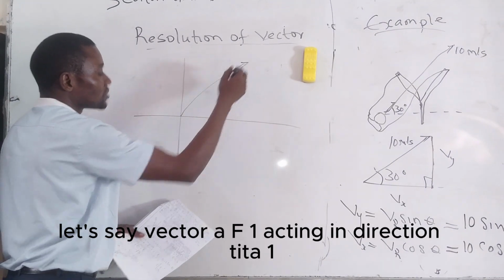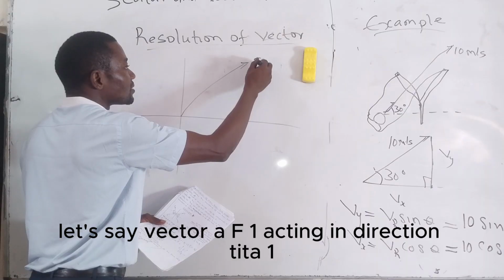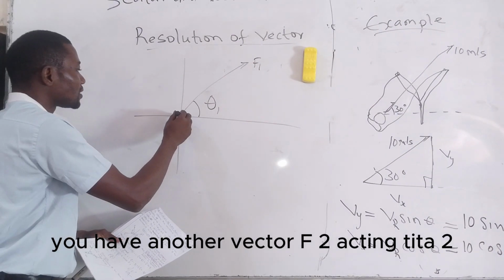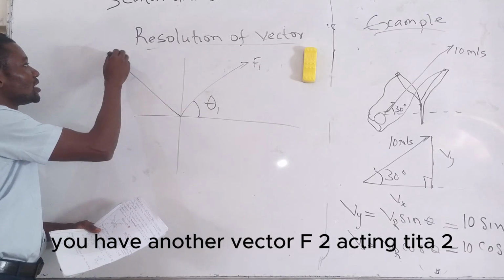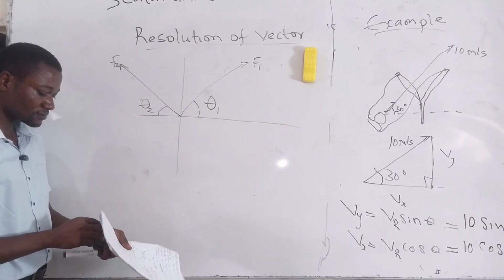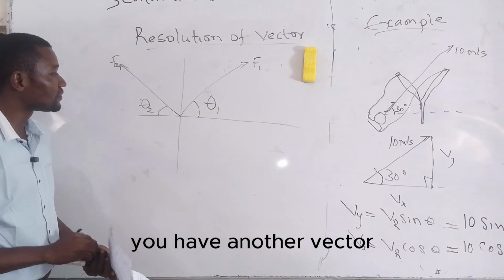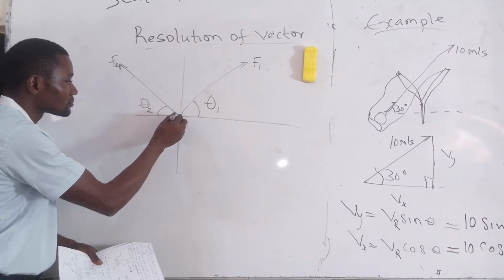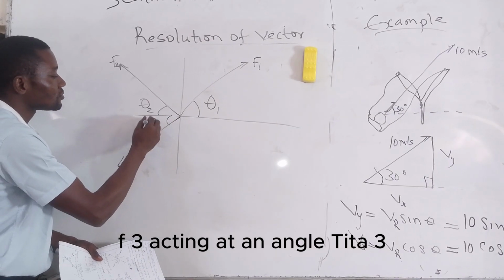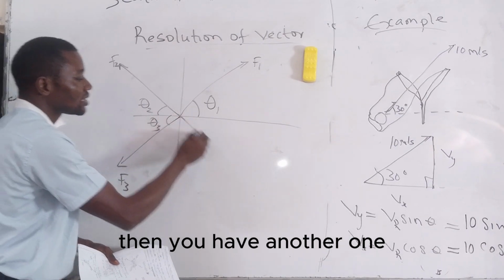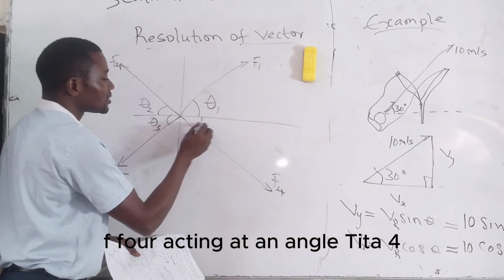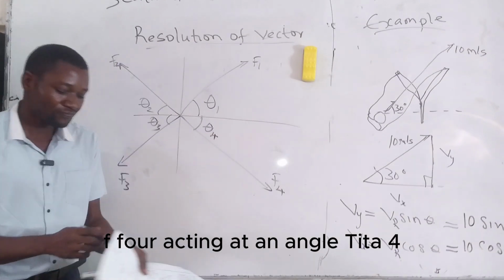Let's say vector F1 acting in direction theta 1, another vector F2 acting at theta 2, another vector F3 acting at an angle theta 3, then another one F4 acting at an angle theta 4.